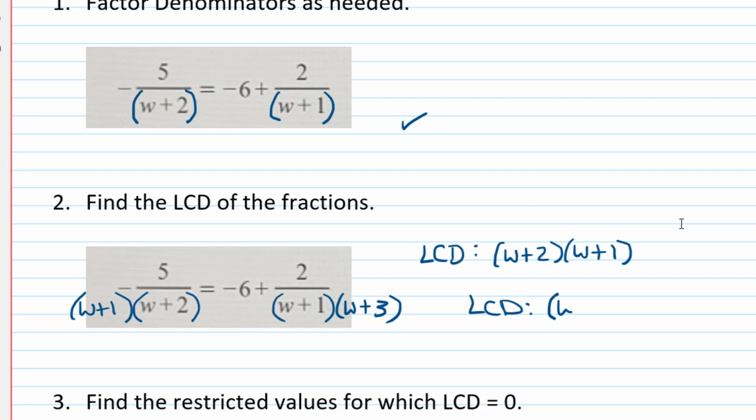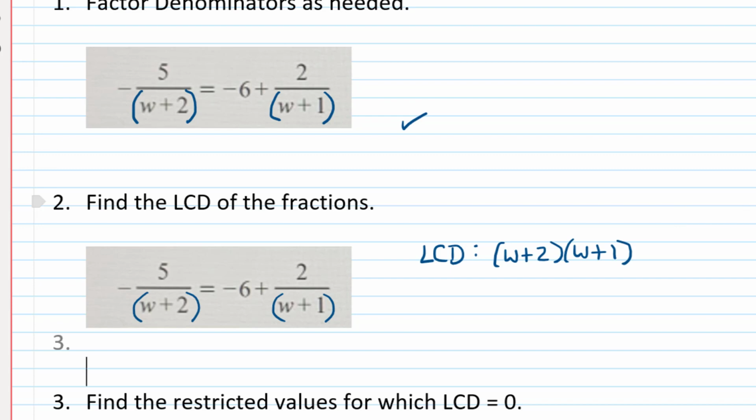So in that case, your LCD would have one of the w plus 1s and a w plus 2 and a w plus 3. So again, if the denominators are completely different, you just multiply them together, but if they have any factors in common, you only need to list those as many times as they appear in any one denominator. So let's go back to our original problem here.